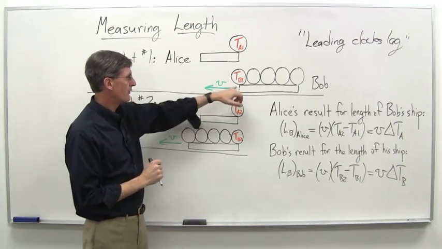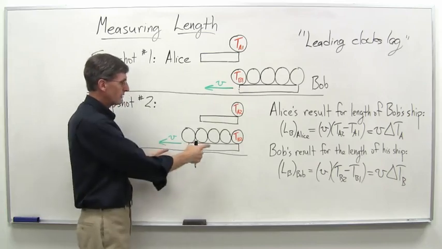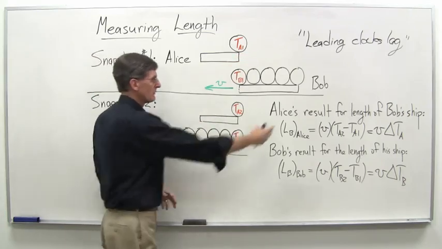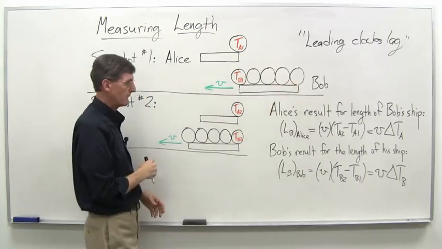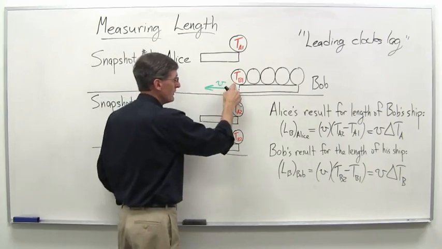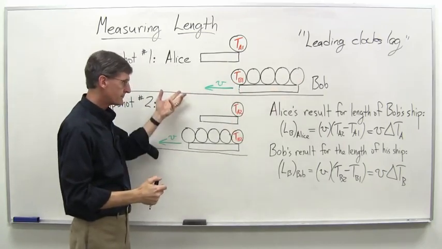And therefore, she'll say, Bob, your clocks aren't synchronized. Notice that in Bob's measurement, he has to use two clocks. Alice is only using one clock. Bob is passing by her like that. To measure his own length, Bob has to use this clock and that clock for the length of his spaceship.